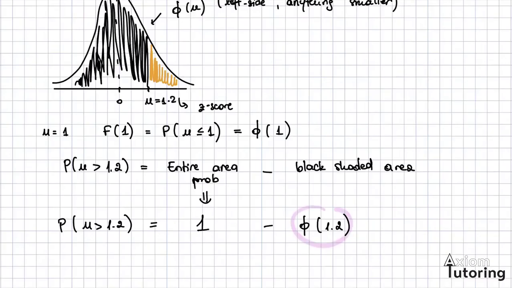However, for you to find areas that are not just textbook definitions, you have to work with the characteristics of probabilities. In this case, knowing that the entire area is 1, we just need 1 minus the black shaded area that we already know is going to be given to us from the CDF information.